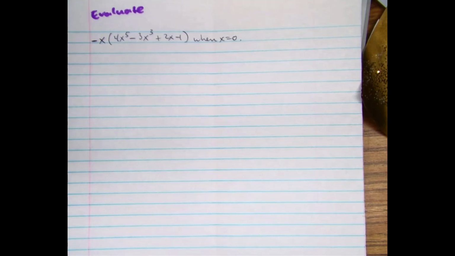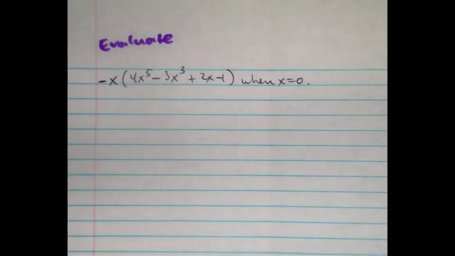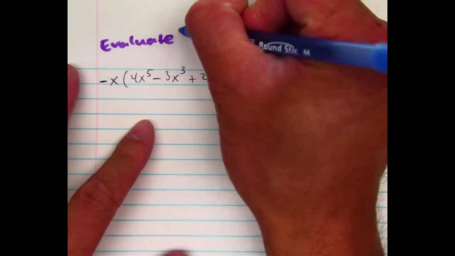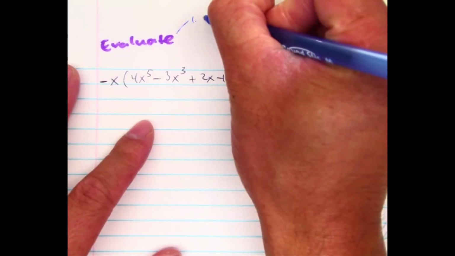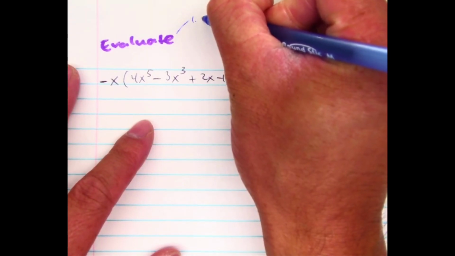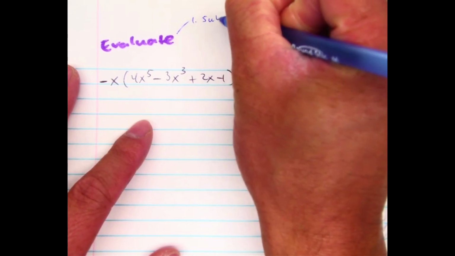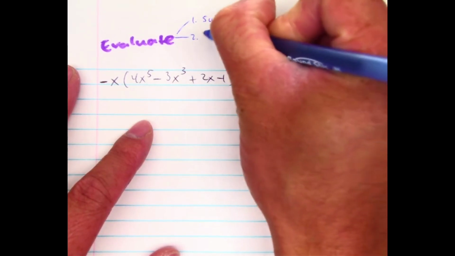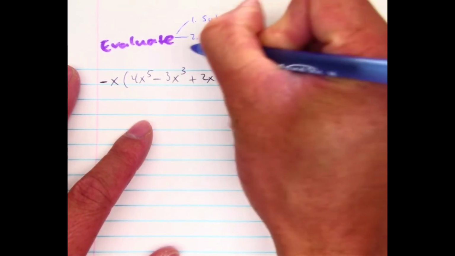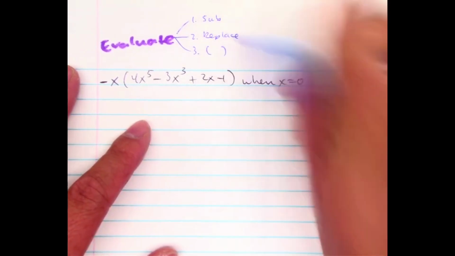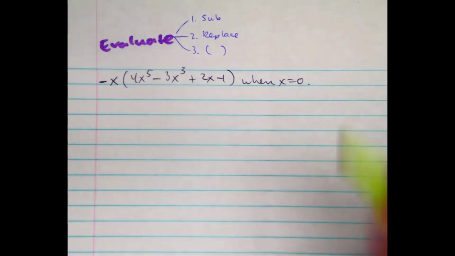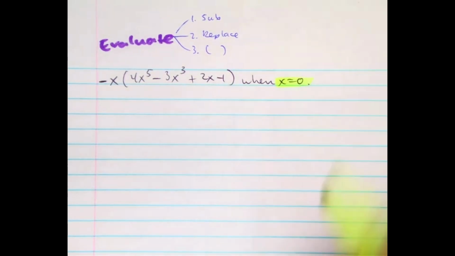In this problem, we need to evaluate. We learned yesterday that some key words with evaluate are what? Sub, right? What else? Replace, and we definitely need to use the parentheses. So every time I see x, I'm going to put a what?